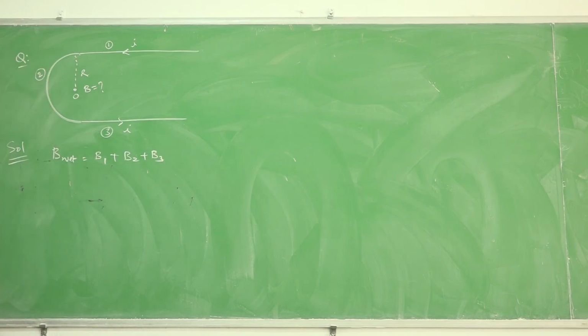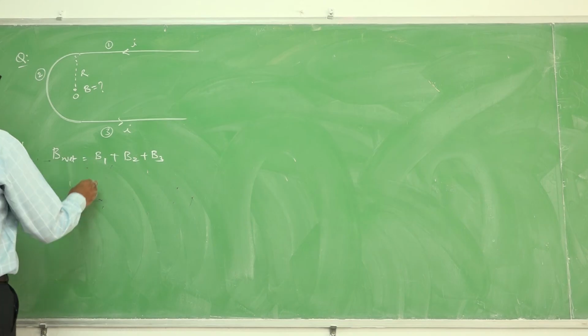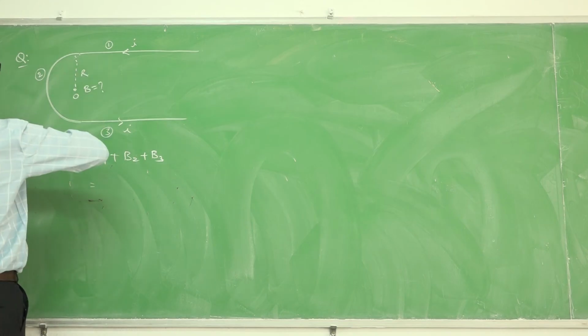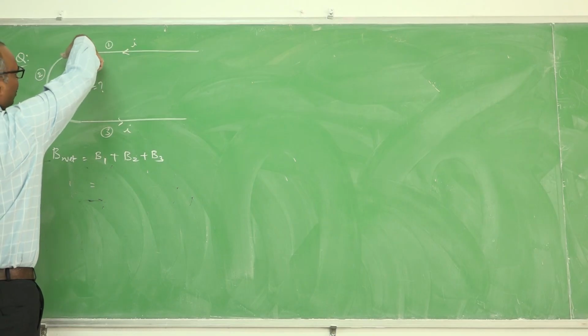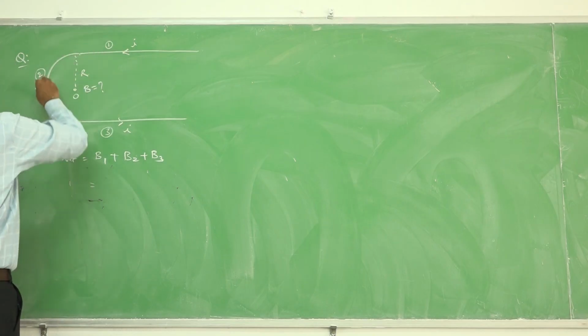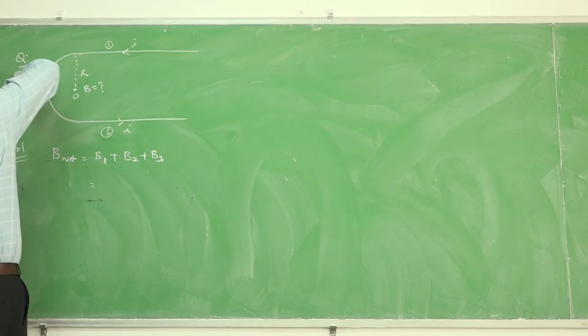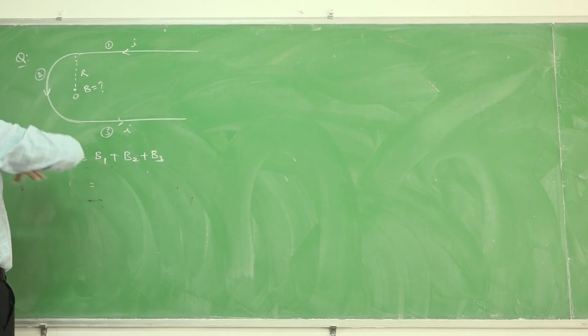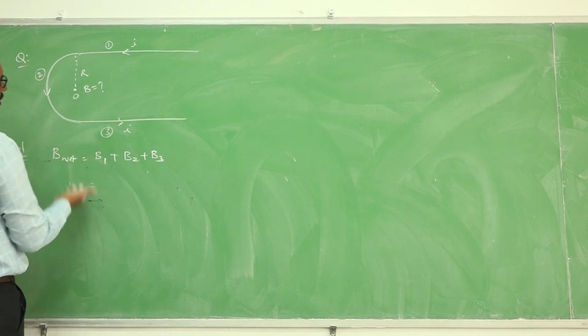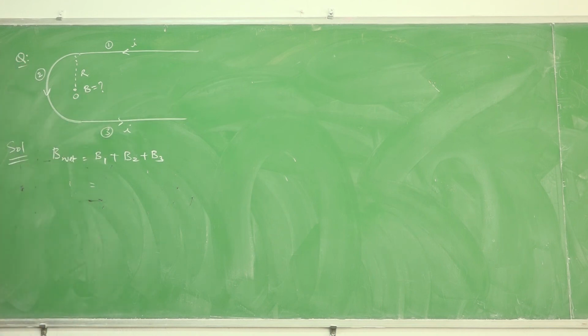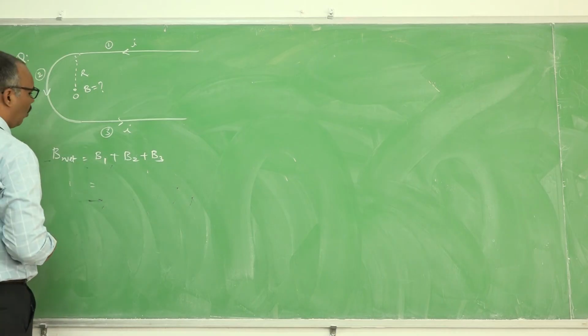Field due to first one is out of the paper because current is going like this, field is out of the paper. Field due to second one is again out of the paper. Field due to third one is also again, because if you apply right hand thumb rule, you will get all the three magnetic fields out of the paper.